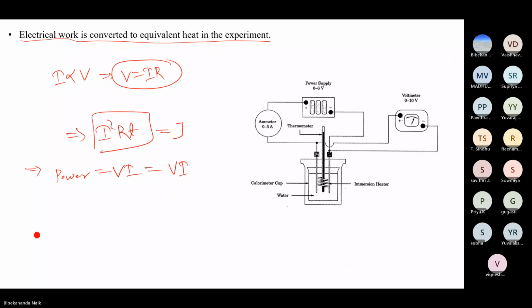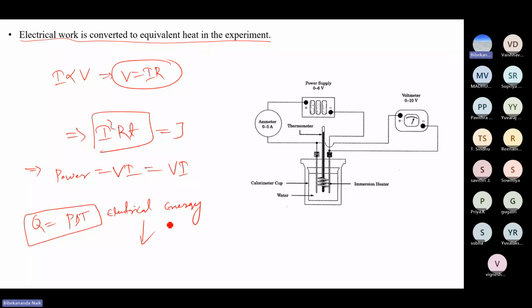So we know power is equal to energy per unit time. So we can write total energy or heat energy Q will be P delta t, where t is the time taken. Now this is the equivalent of electrical energy.